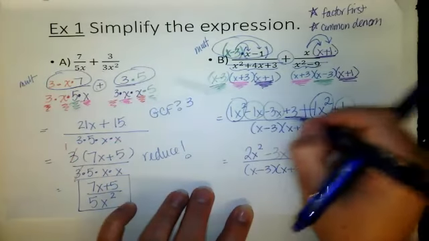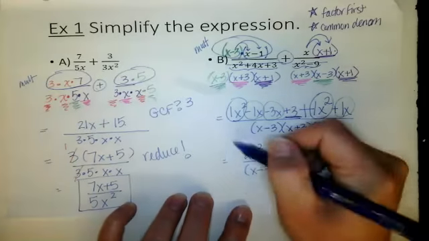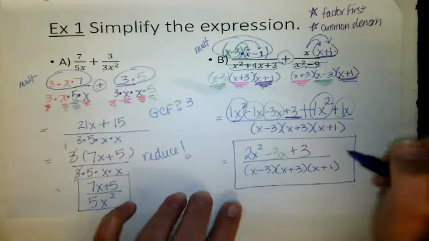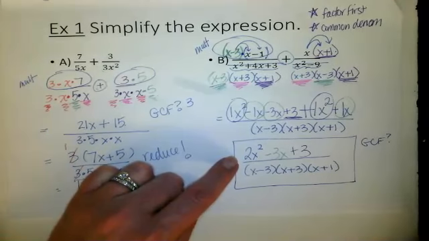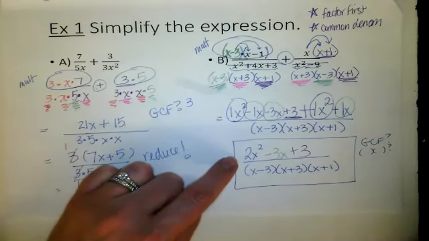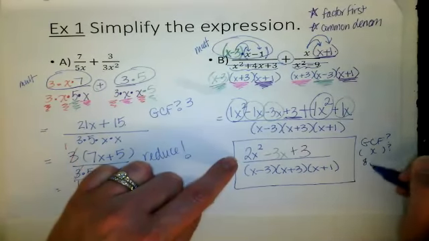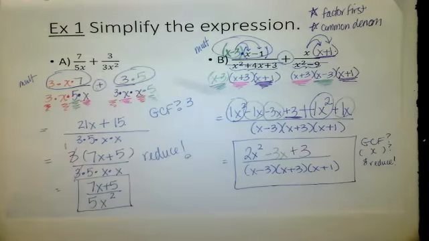And then I have my +3. It's always a good idea to double check to see if you can look for a greatest common factor or double bubble. This doesn't double bubble, but you always want to see if you can factor and reduce just to make sure it's in lowest terms. We like to reduce everything. This one does not do that.